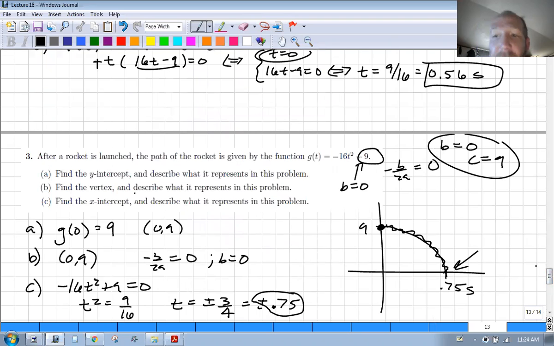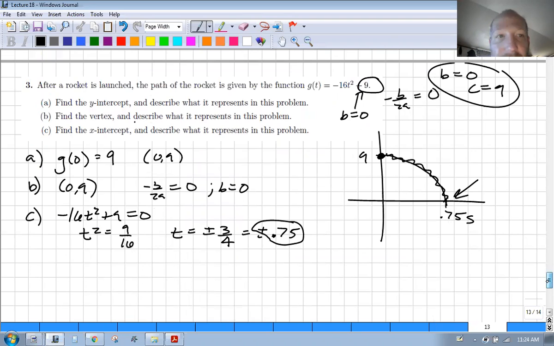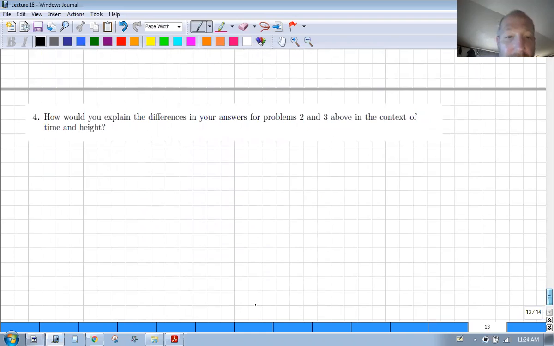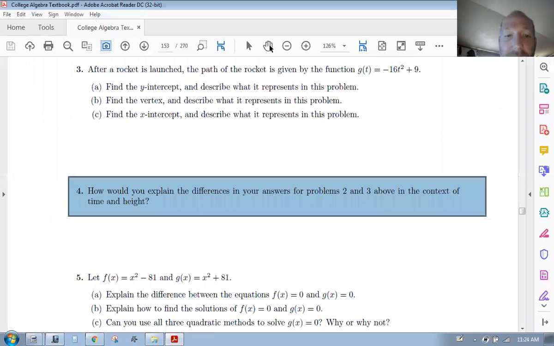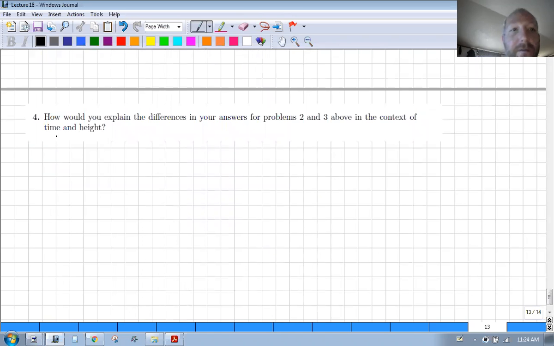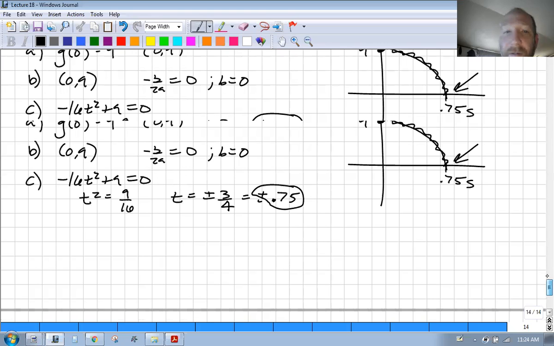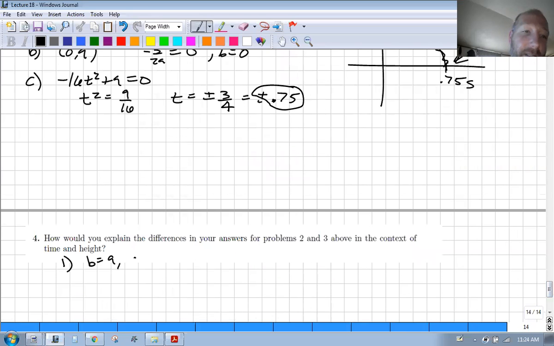But they're totally different. Number 1, B, which one was it? B is 9, C is 0. For the second one, B is 0 and C is 9.